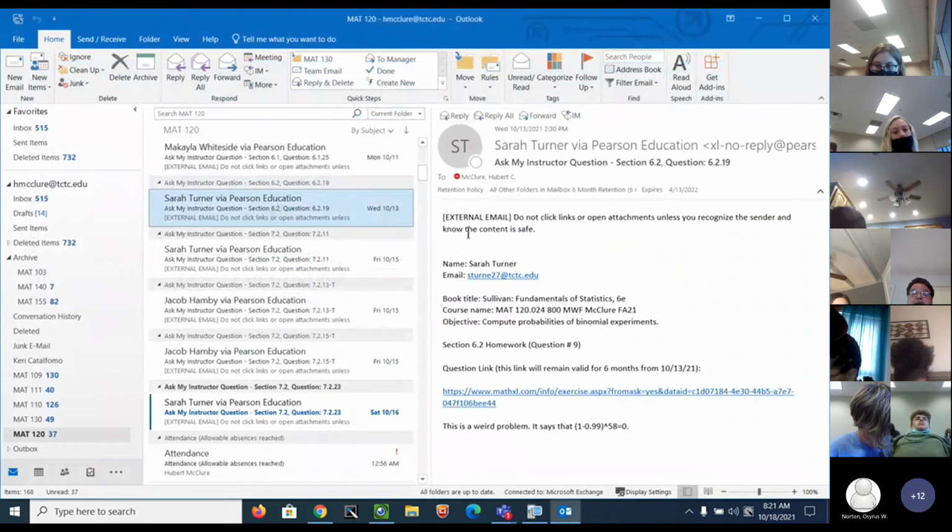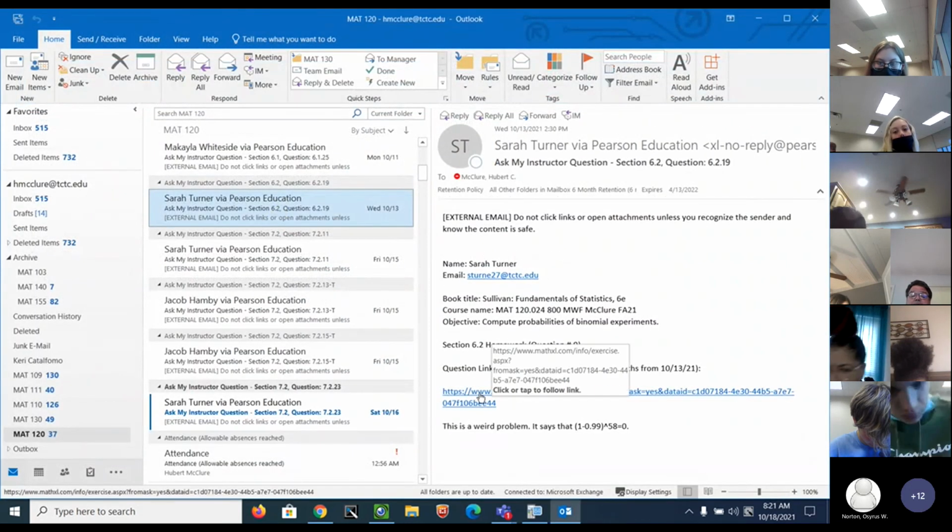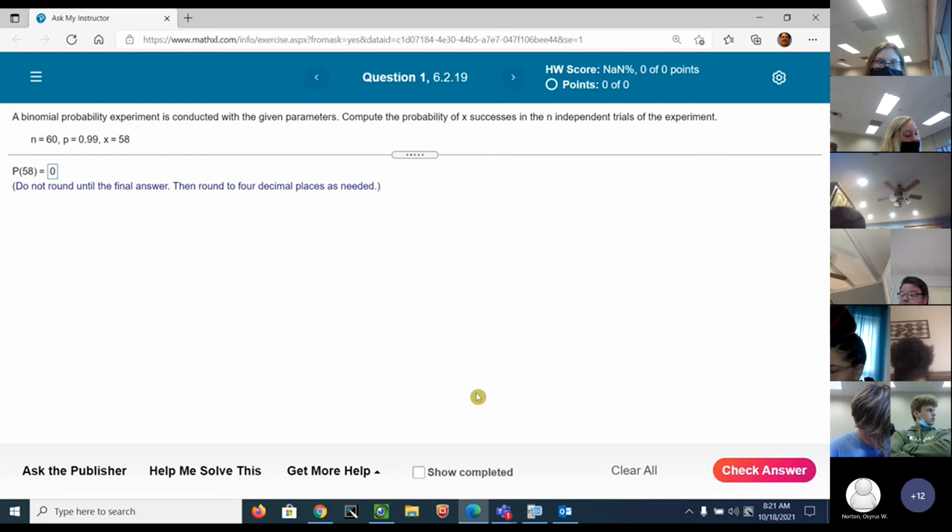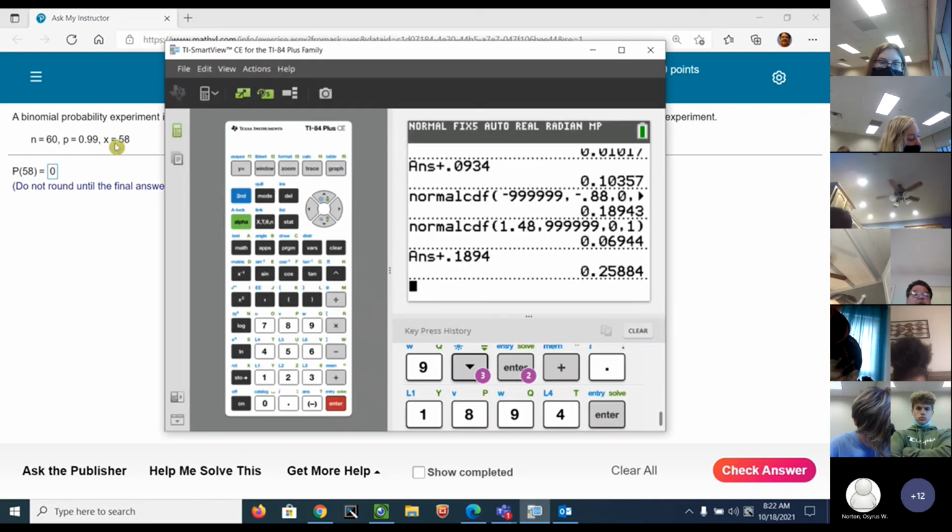6.2, 19.9. NPX. And is the X equal to, greater than, or less than? It's equal to. So you use binomial PDF for precise. So since that's an equal sign, that means precise.